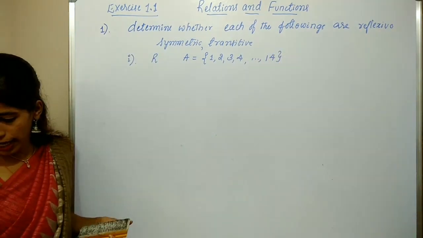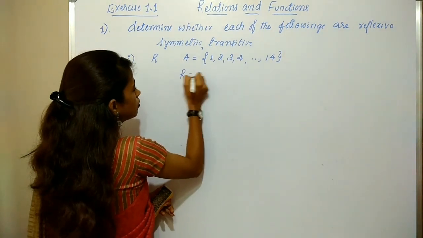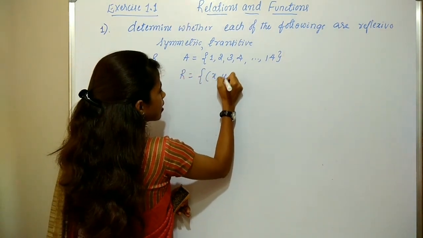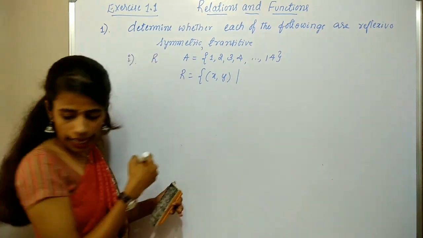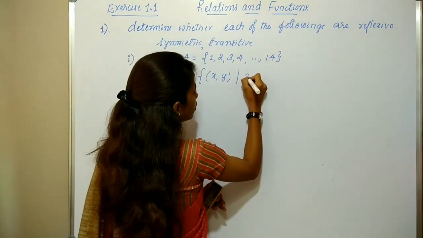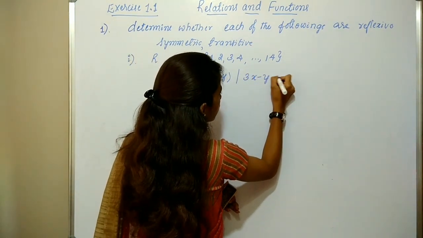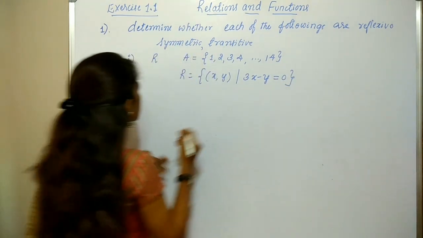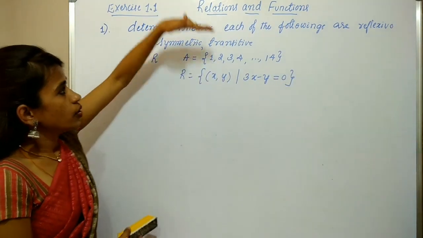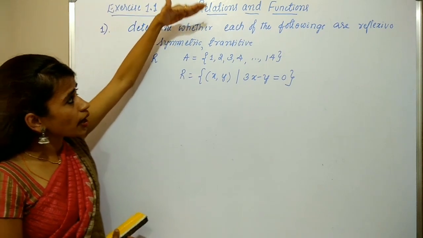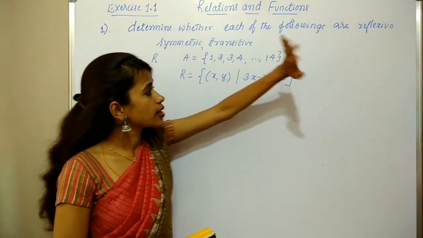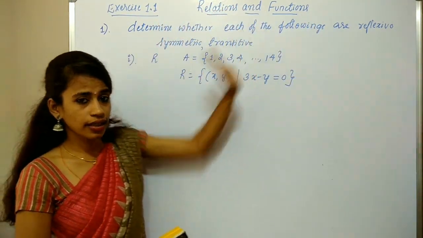The relation is defined by R = {(x, y) : 3x - y = 0}. This is the problem. Determine whether each of the following is reflexive, symmetric, transitive.